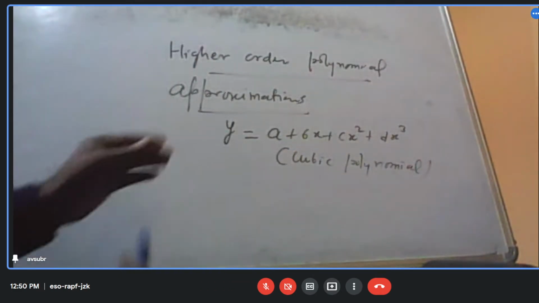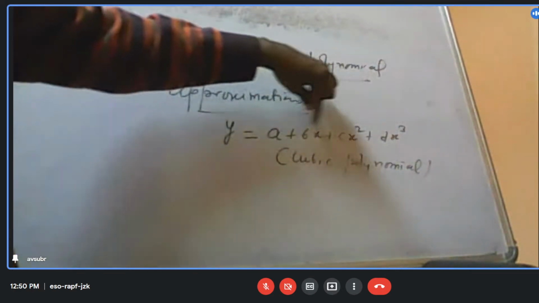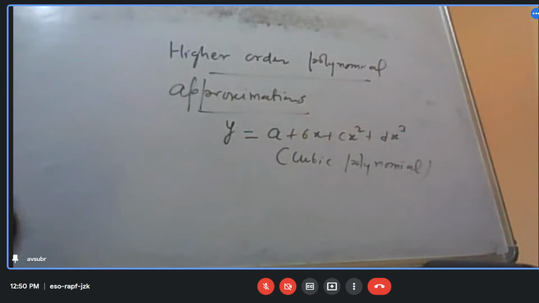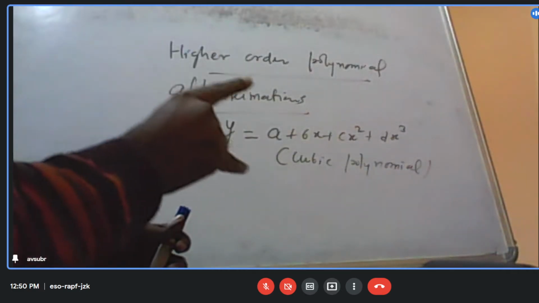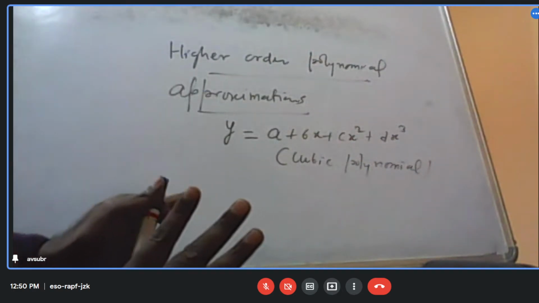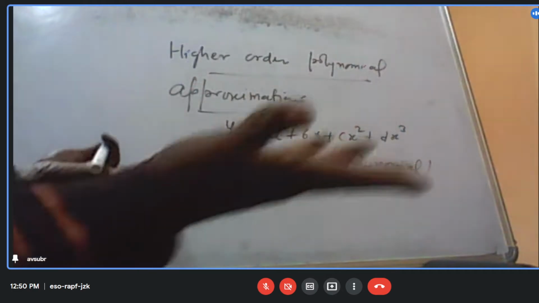So now find out what will be the values of a, b, c and d, because these are unknowns we have to find out, with the condition that we know the value of y at x equal to 0.